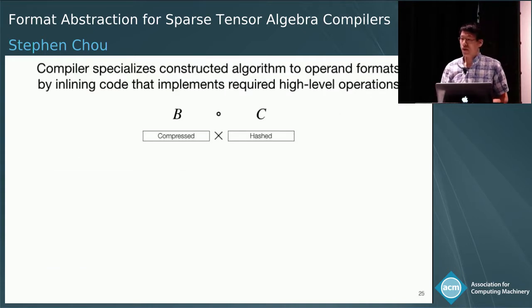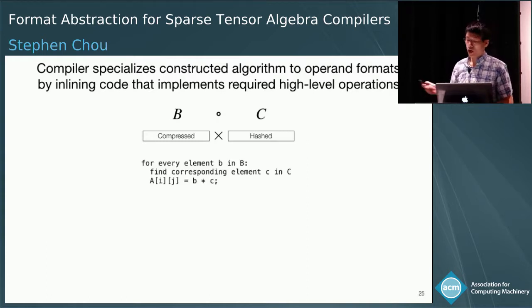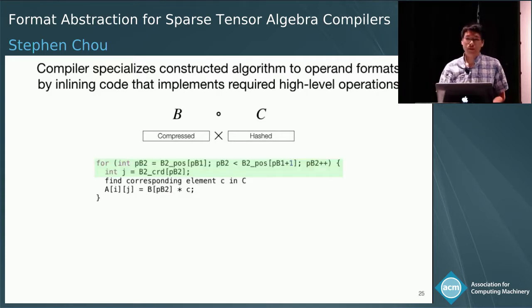Now, knowing how level formats actually implement the operations they do support, the compiler can very mechanically translate any high-level algorithm that it constructs to code that actually computes with specific level formats through a very simple inlining process. So again, going back to our element-wise multiplication example, earlier we saw that when C is stored in the hash level format, we can compute this operation by iterating over elements in B and random accessing into C. Now, since B is stored in the compressed level format, we can replace this high-level operation here that iterates over elements in B with code that instead iterates over the compressed level format.